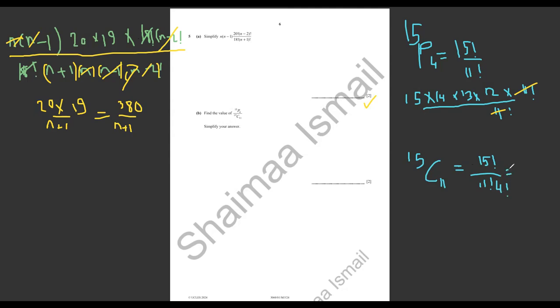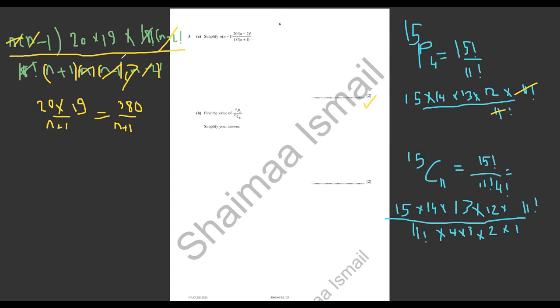So it would be the same, 15 multiplied by 14 multiplied by 13, then 12, then 11 factorial, divided by 11 factorial multiplied by 4 times 3 times 2 times 1.